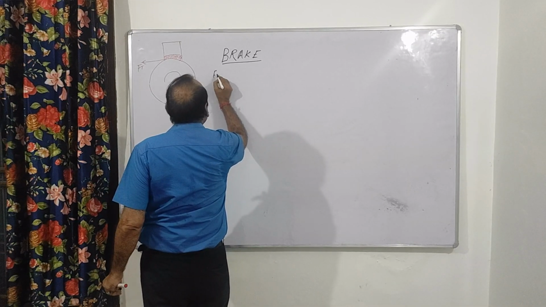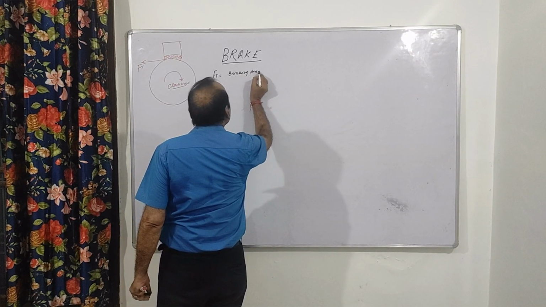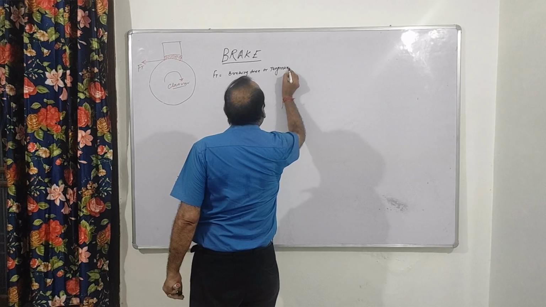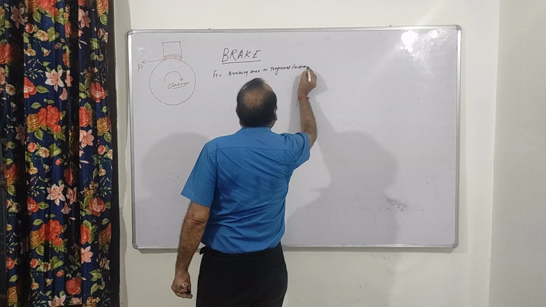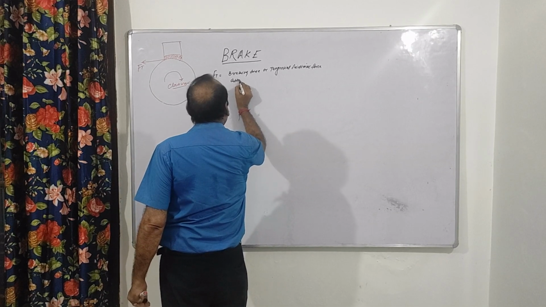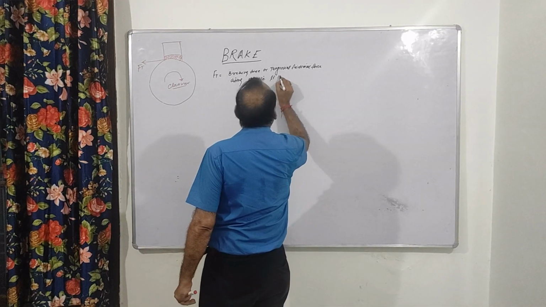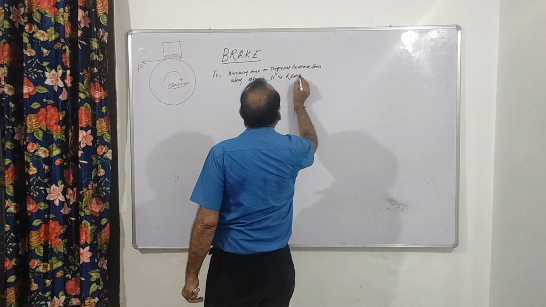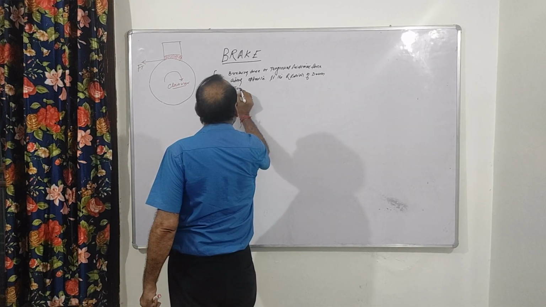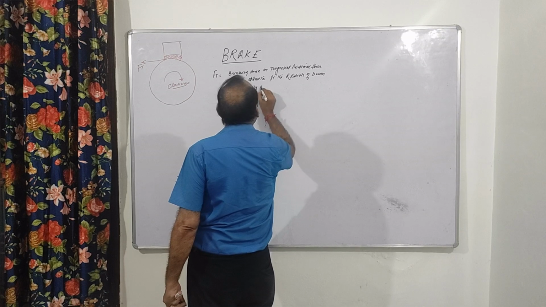Suppose I say Ft is the braking force or tangential frictional force acting opposite to the rotation of the drum tangentially at the contact surface.